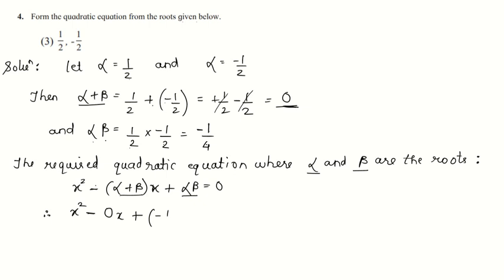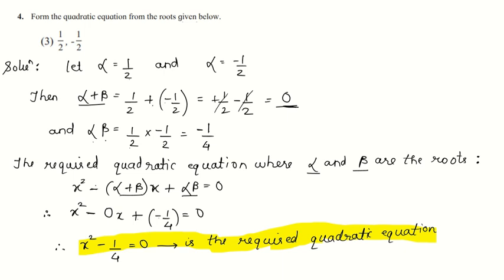It is minus 1 upon 4 is equal to 0. Therefore, we can write it as x squared. This minus 0x makes no sense, so we can write this directly. Plus into minus is minus 1 upon 4 is equal to 0. This is the required quadratic equation. You can pause the video and copy down the question and the solution for this.